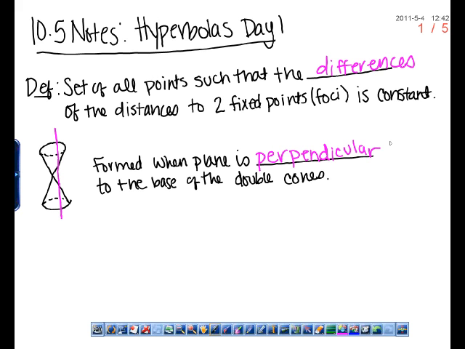When the plane intersects the double cone perpendicular to those two bases, we will get a full hyperbola. Questions on any of this?